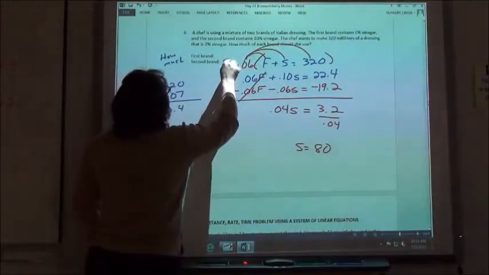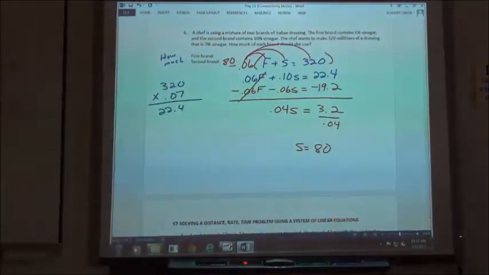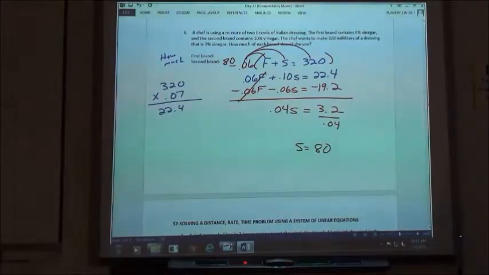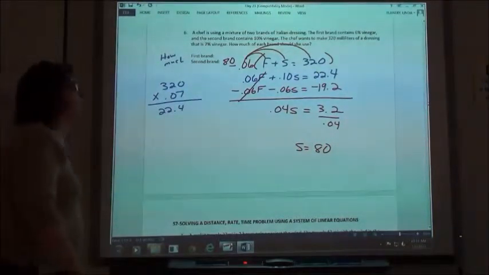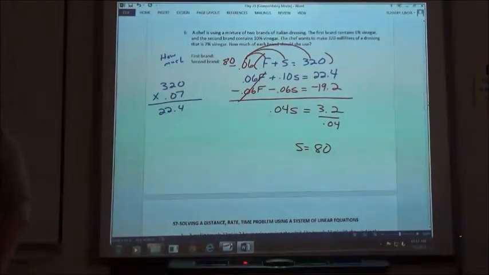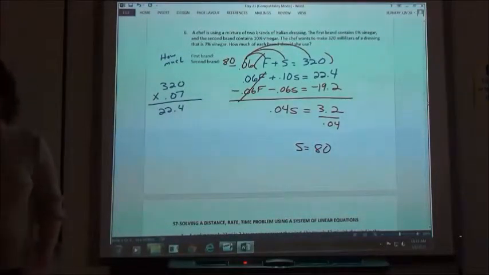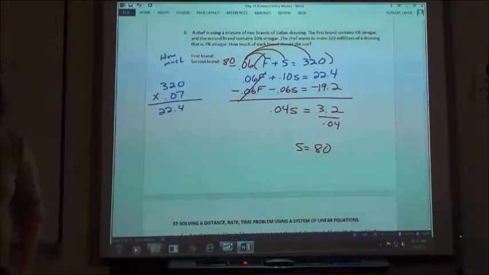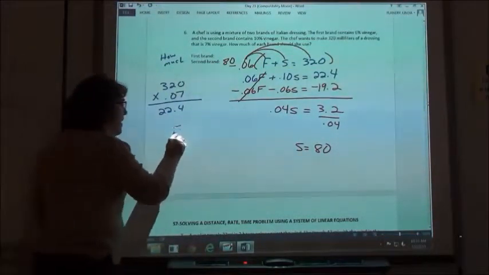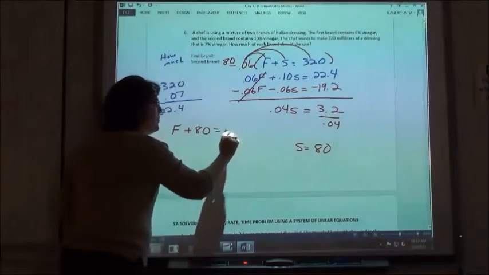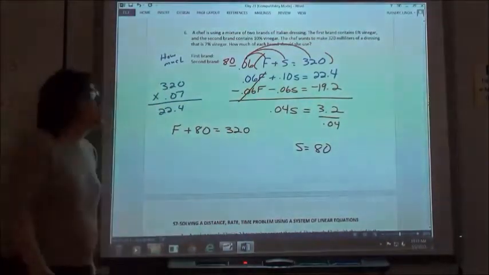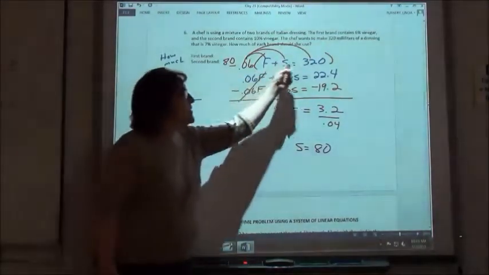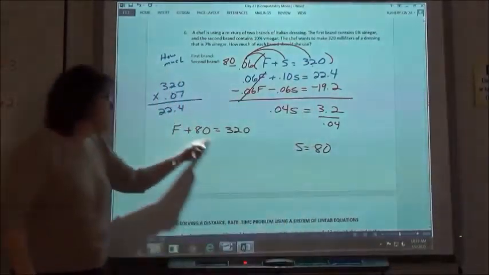So we had 80 milliliters of our second one. How are we going to find out how much of the first one we had? We're going to say that F plus 80 equals the 320 total, right? The first one plus the second was 320. We know the second one is 80.